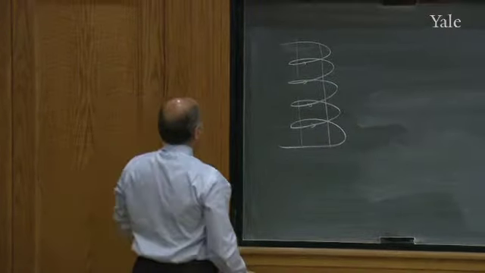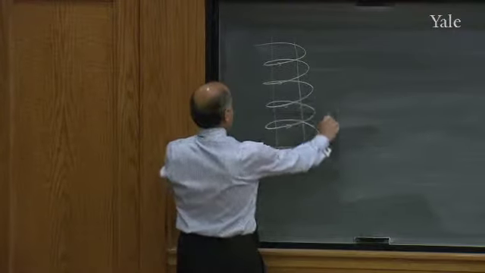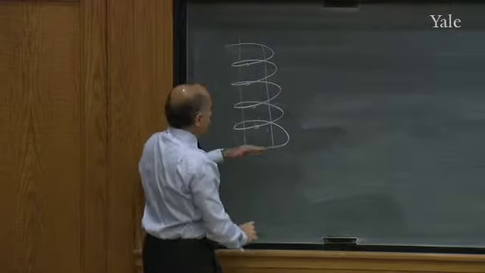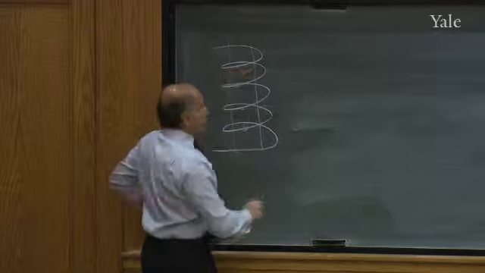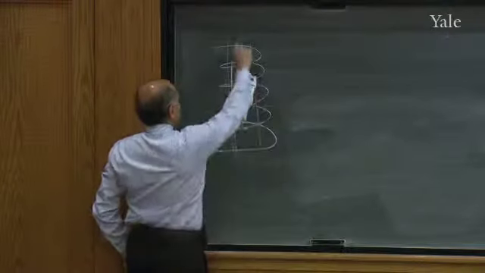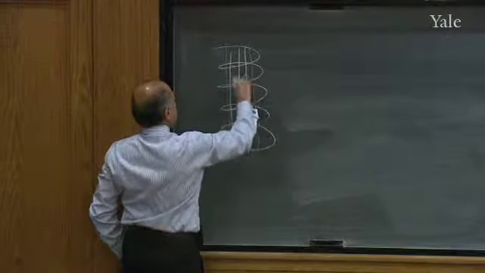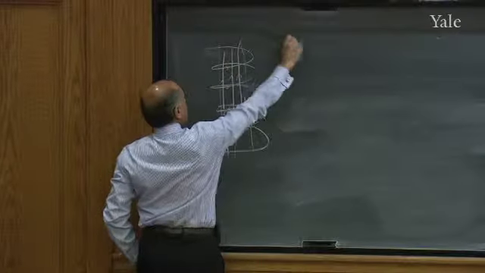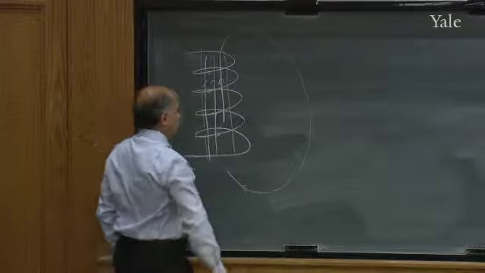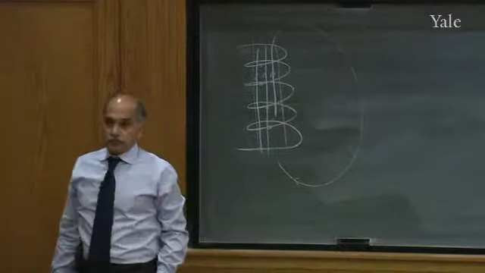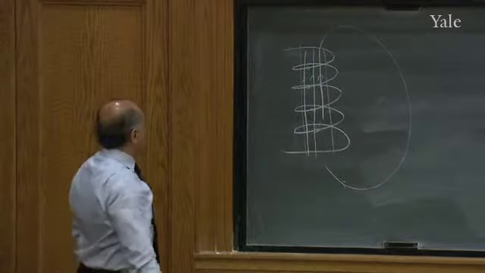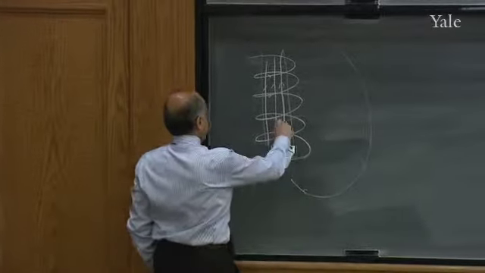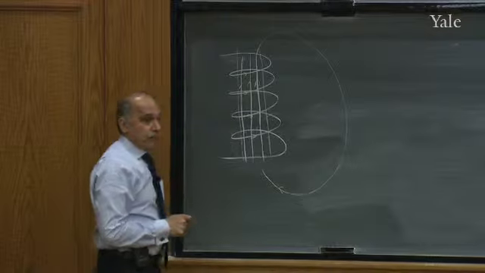Now, one loop we know produces a field that goes like this. You stack them up, you expect the field to go like that inside the coil, then loop around and come back outside the coil. What we want to find out is the strength of the field inside the coil and also outside.